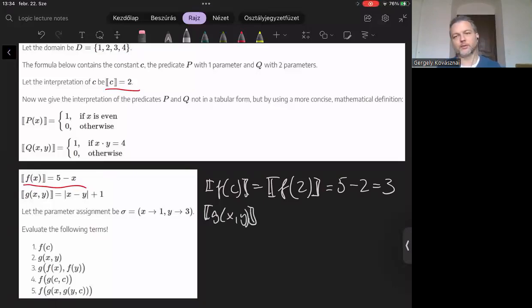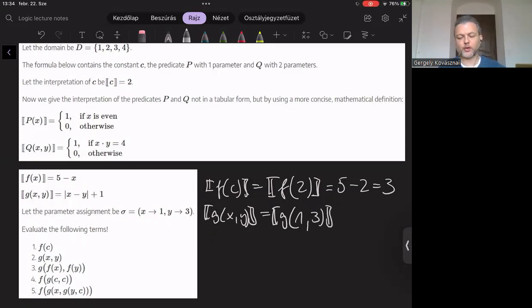And now I would like to note that x and y are free variables in this term. Therefore, we definitely need to use the parameter assignment. Okay, so we need to evaluate g of, well, 1 is assigned to x and 3 is assigned to y.